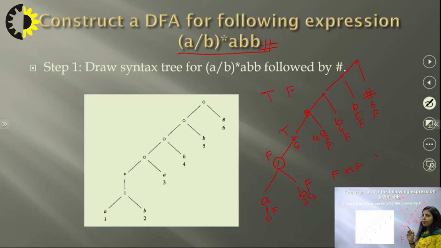You might remember that if you apply AND to true and false, it gives false. So the nullable of this dot symbol is false, and for this also the nullable is false.